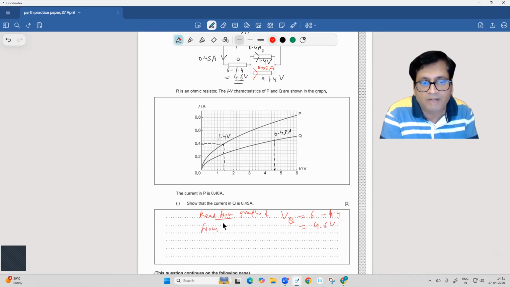Then you can say from the graph of Q for 4.6 volt, corresponding I is 0.45. 0.45 ampere shown.